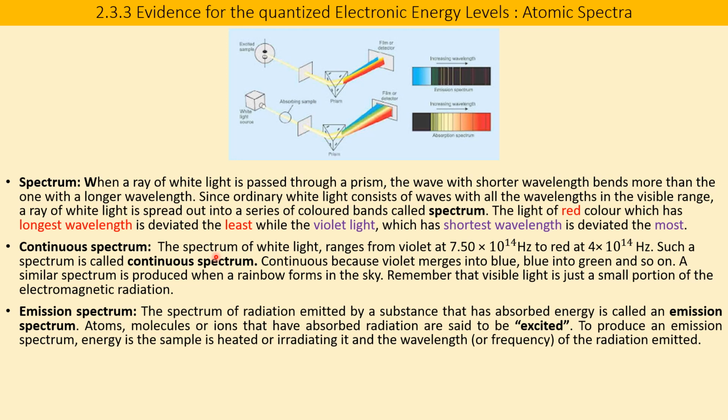Atoms, molecules, or ions that have absorbed radiation are said to be excited. To produce an emission spectrum, energy is supplied by heating or irradiating, and radiation of certain wavelengths is emitted.